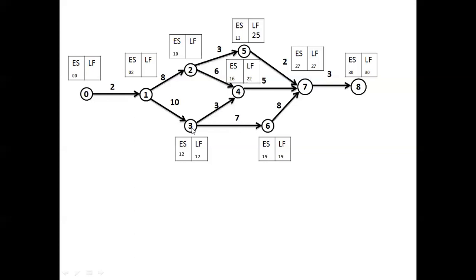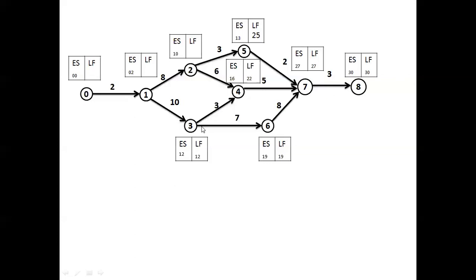Suppose you had considered, instead of 12, 19 minus 3, that is 19, then 19 plus 7 will become 26 here. The earliest start time for the 6 to 7 will become 26, and eventually it will delay the project.